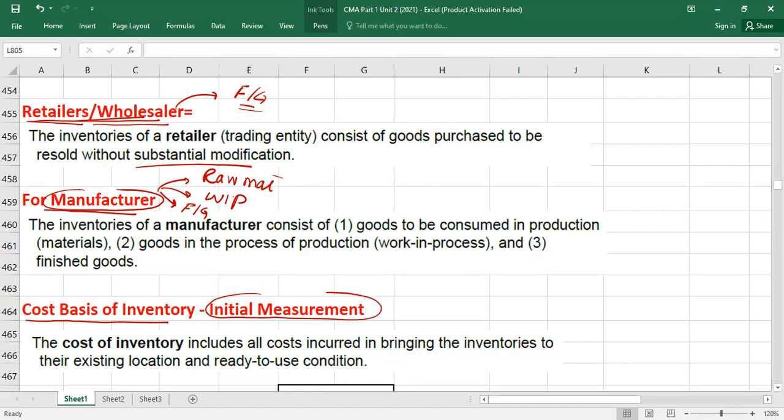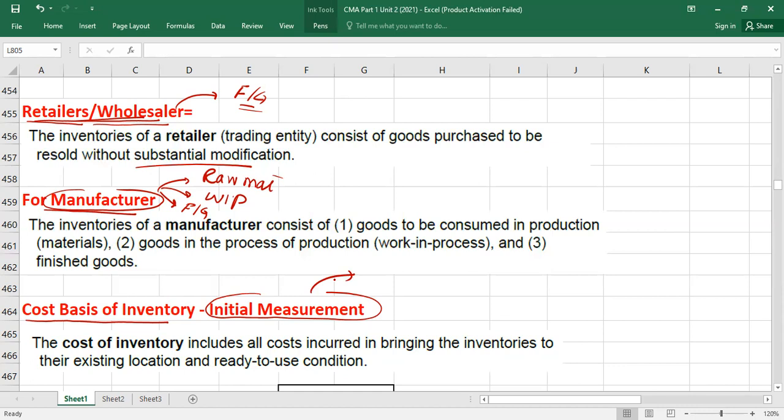What does initial measurement mean? Initial measurement means when you buy the inventory, right? And you want to record it obviously into your books of accounts. So at which value will you record? Like what should be the value in dollar or in pound? Okay, so that is called measurement.